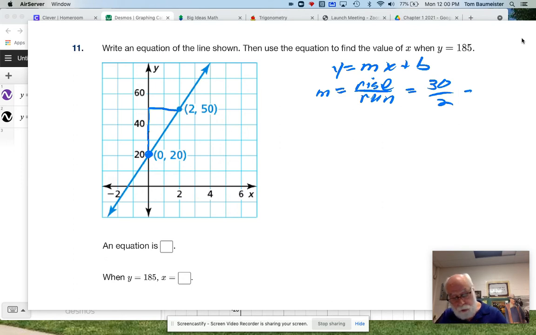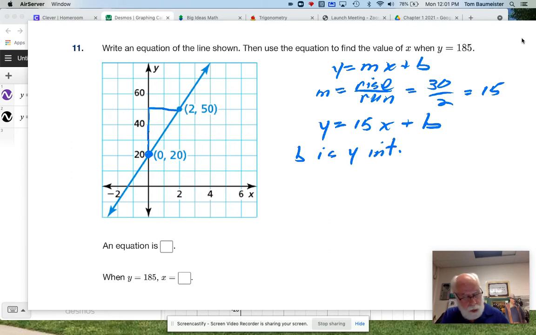So 30 divided by 2 is equal to 15. So right now, you know that y is equal to 15x plus b. But again, b is your y-intercept. And if we look here, our y-intercept is right here.